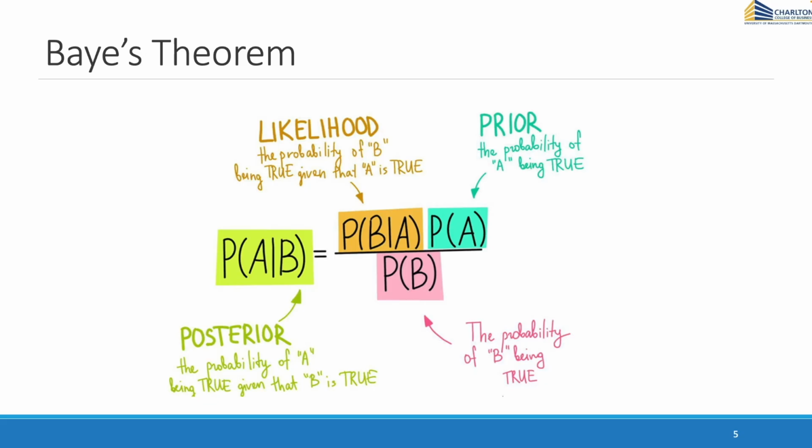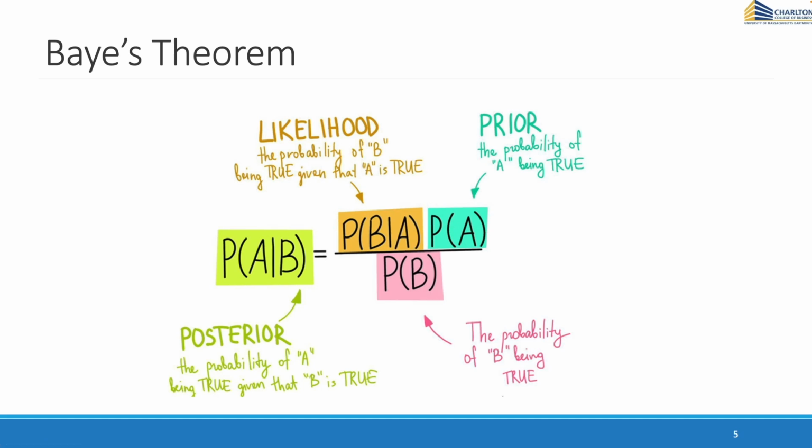In other words, we are going to calculate some conditional probability using the inverse probability and some prior probability knowledge. They also call it updating your belief using new information as likelihood and your prior belief as the priority of the event.